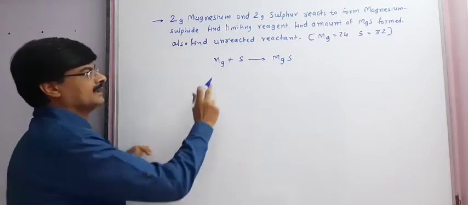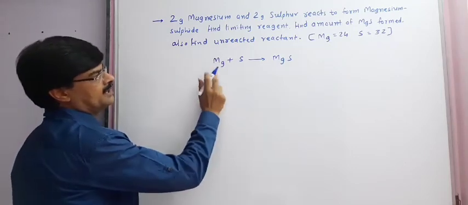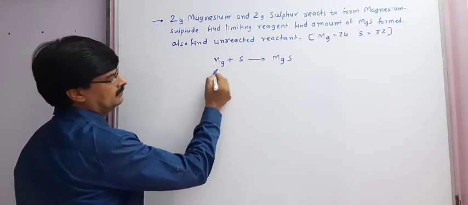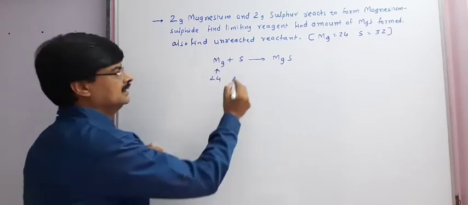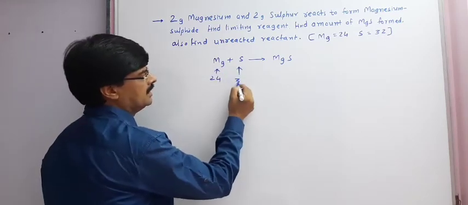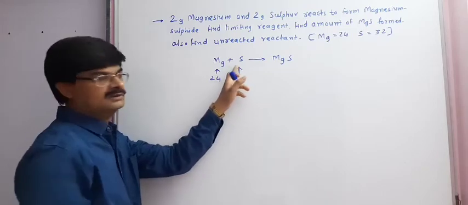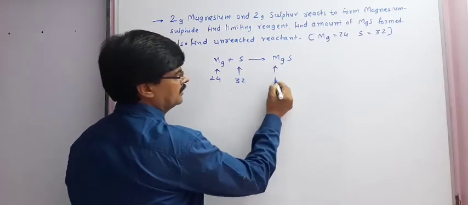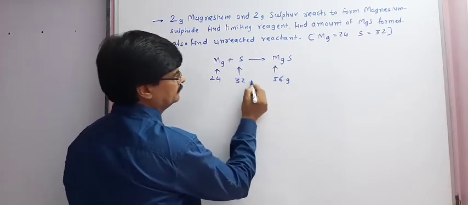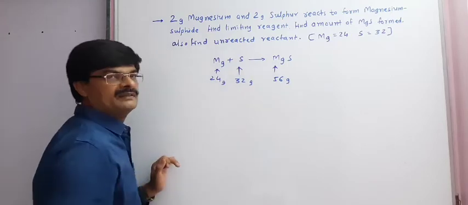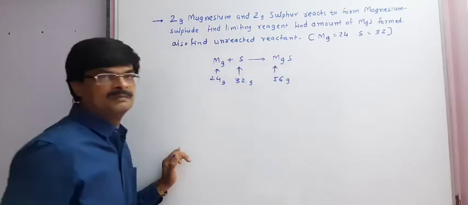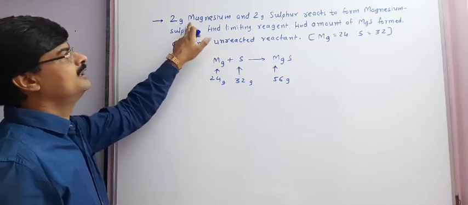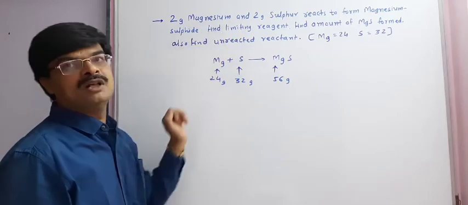Now, writing the atomic mass of magnesium, 24 gram magnesium reacts with 32 gram of sulfur gives 56 gram of magnesium sulfide. But here it is given 2 gram magnesium and 2 gram sulfur.